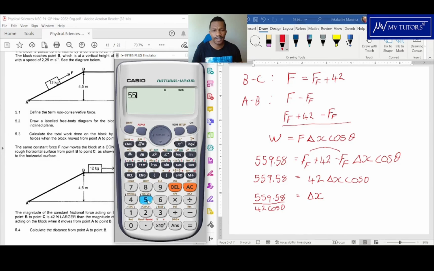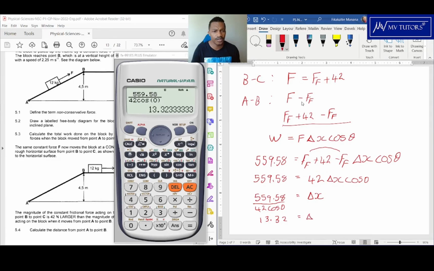So we have 559.58 divided by 42 times cos of 0, close the bracket, and I want it in decimal. It's 13.32.